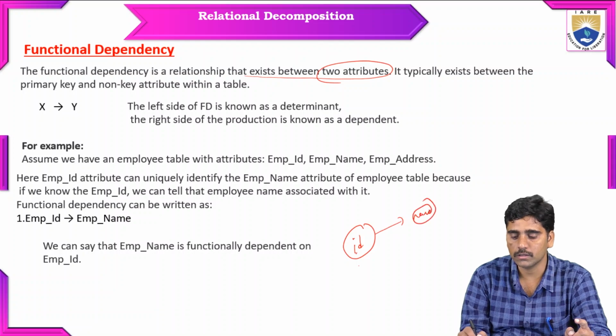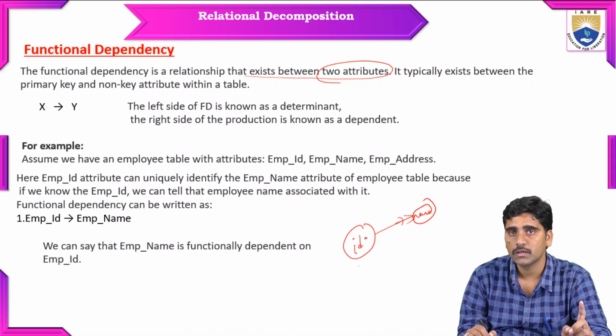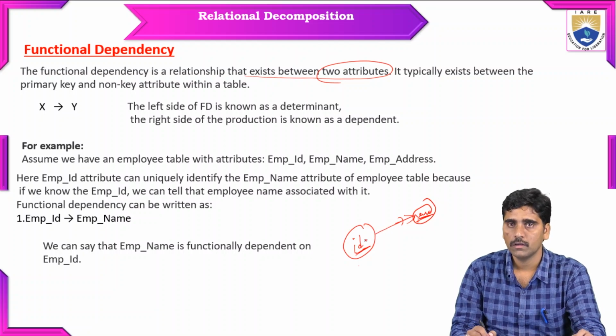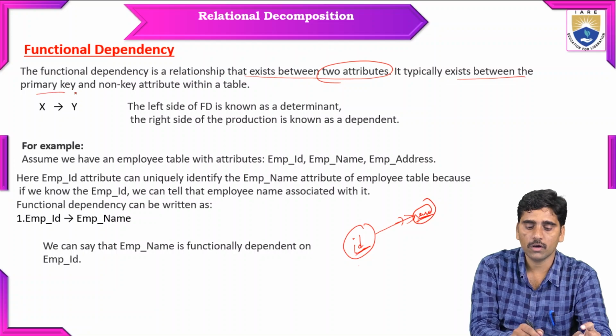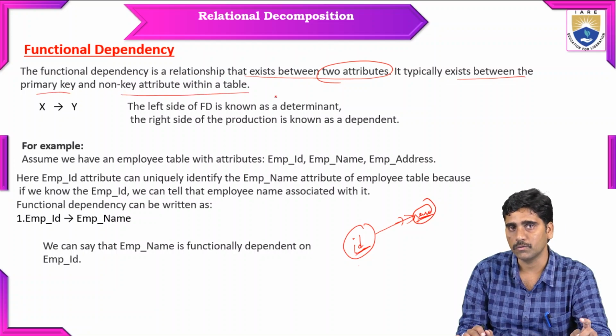ID is one attribute and name is one attribute, and it establishes a relationship between them. It typically exists between the primary key and a non-key attribute within a table.